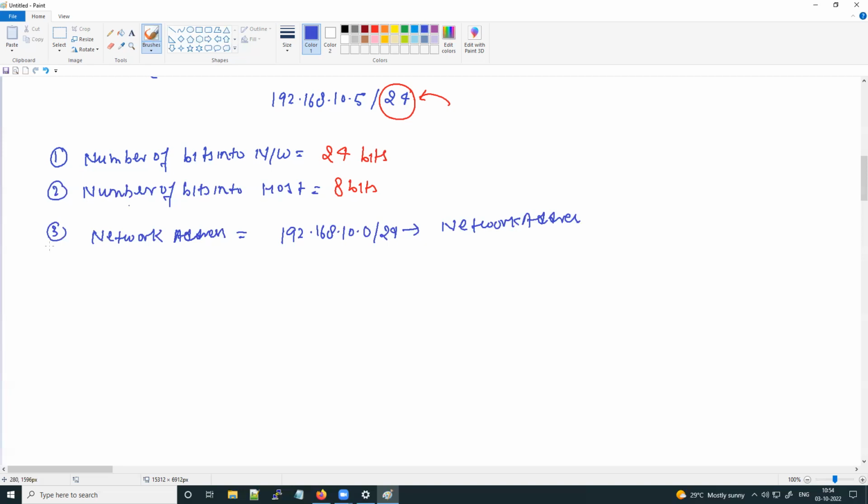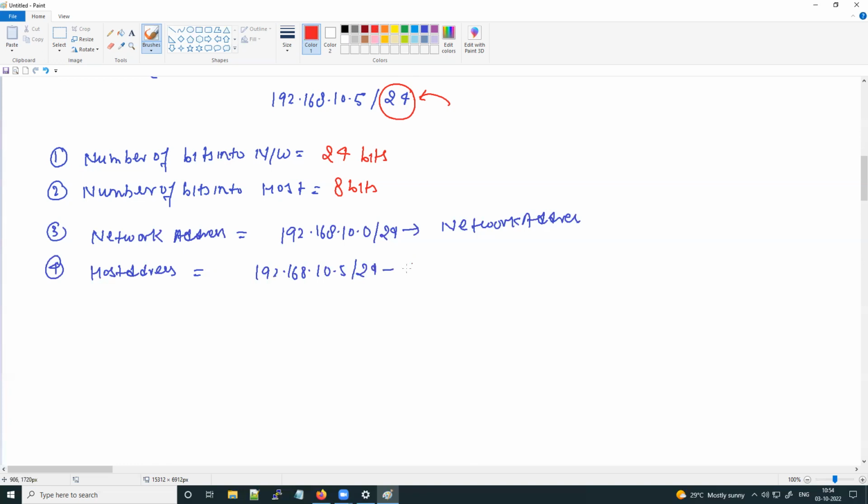The fourth point: the host address cannot be written without the network address. It's similar to the STD code and subscriber number. If you write a subscriber number without the STD code, it won't make any sense. So we have to write the host address along with the network address. The host address is 192.168.10.5/24.